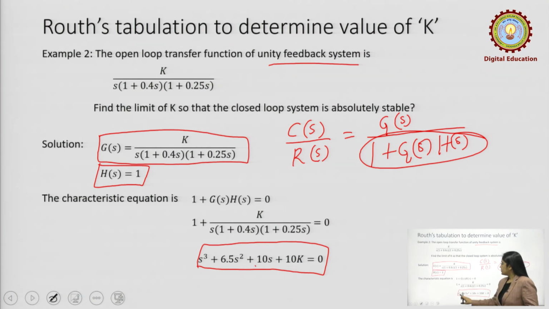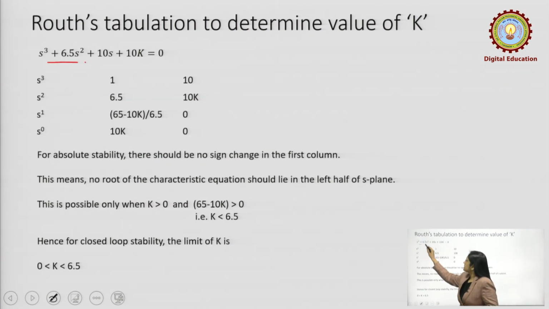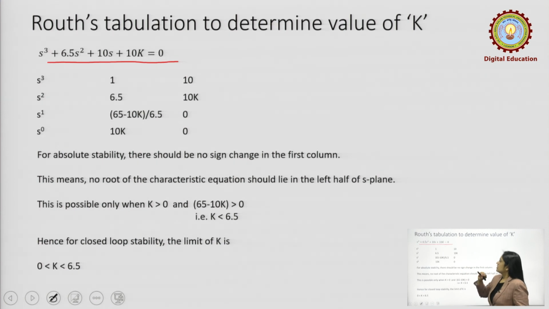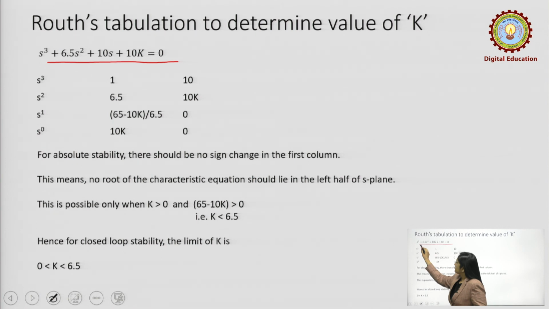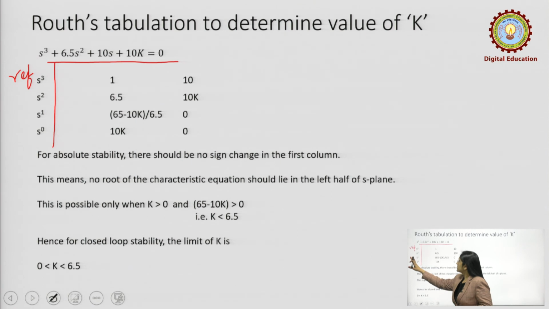Now, we are going to test the stability of the given system by using the Routh Hurwitz criterion. This is the characteristic equation, and forming the Routh table, the first step is to place the coefficients. Again, this is for reference, to show where the Routh array will terminate.